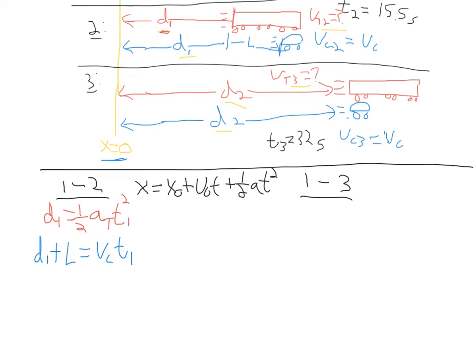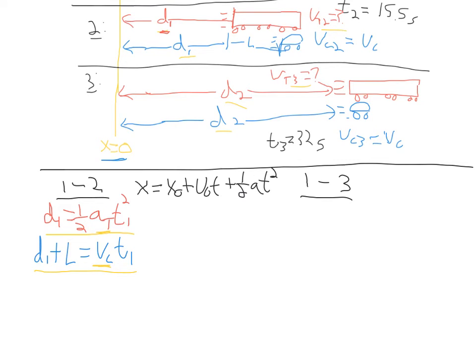Alright, so we now have an equation for the distance of the train and the distance of the car. What we can do now is combine these two into one equation, because all we care about finding again is the acceleration of the train and the speed of the car.